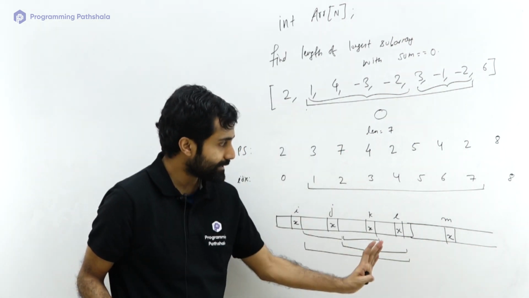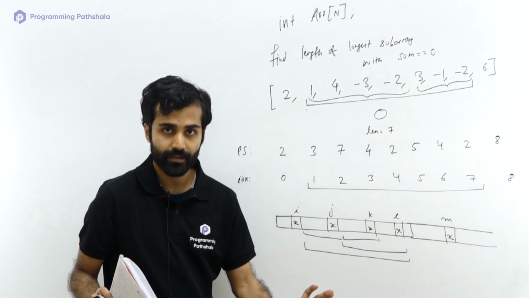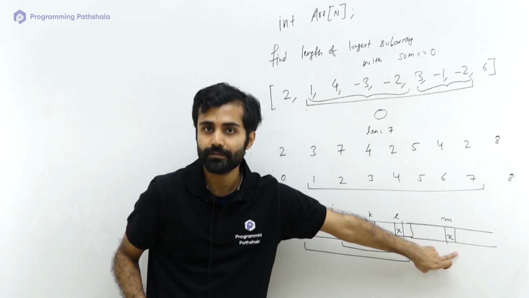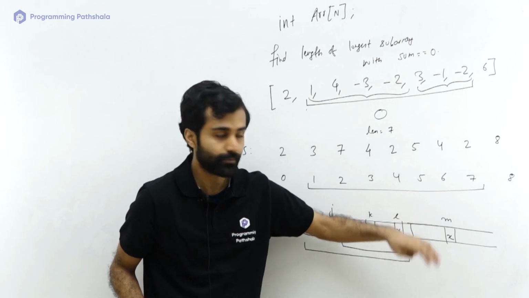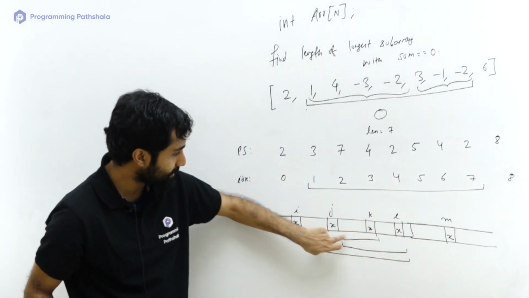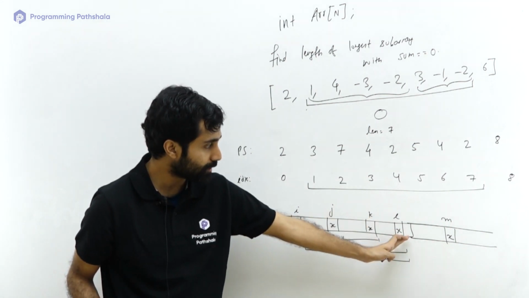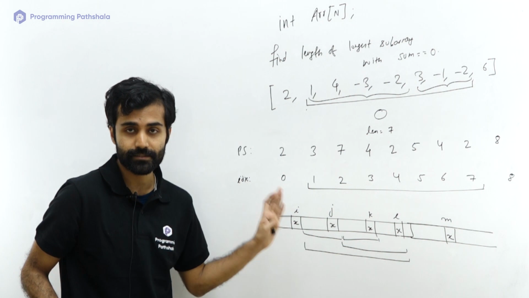If you have to consider the longest such subarray which ends here and has a sum of 0, then which x will you be interested in? In other words, which occurrence of x will you be interested in? Will you be interested in second, third or fourth occurrence, or will you just be interested in the first occurrence only? Just pause and think.